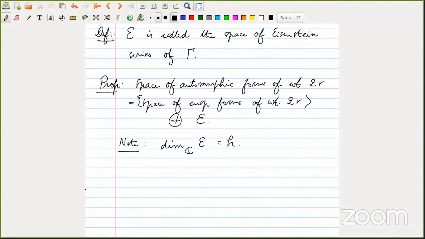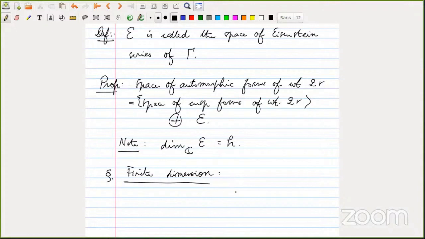So the question is whether the space of automorphic forms really is of finite dimension.